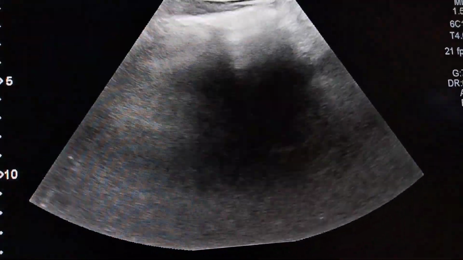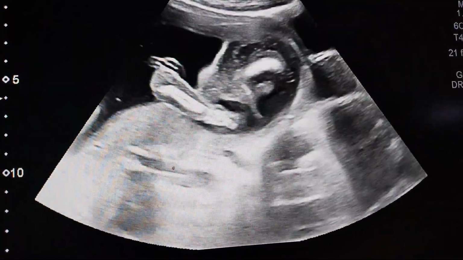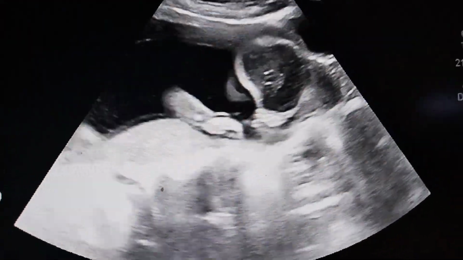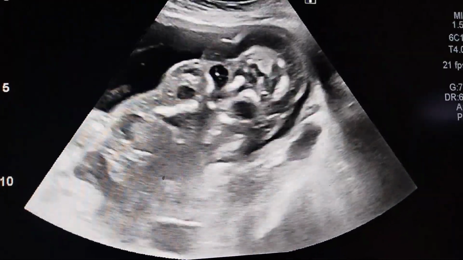So when we are talking about the cystic hygroma, which may cause the lymphatic obstruction and hence the edema, we should see the neck of the fetus.